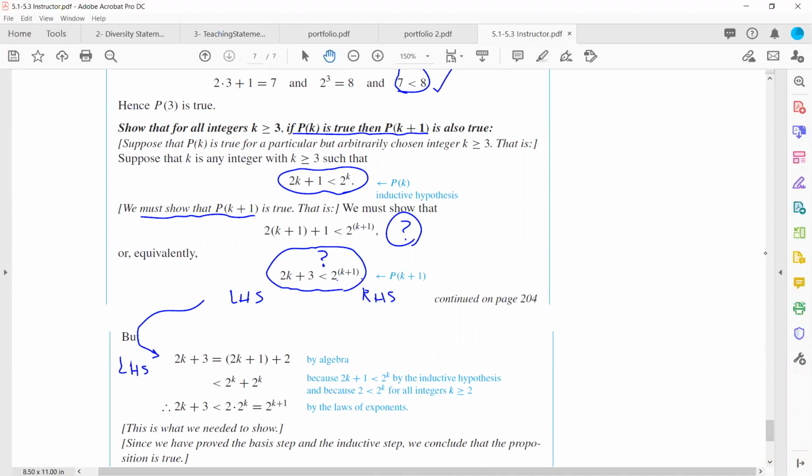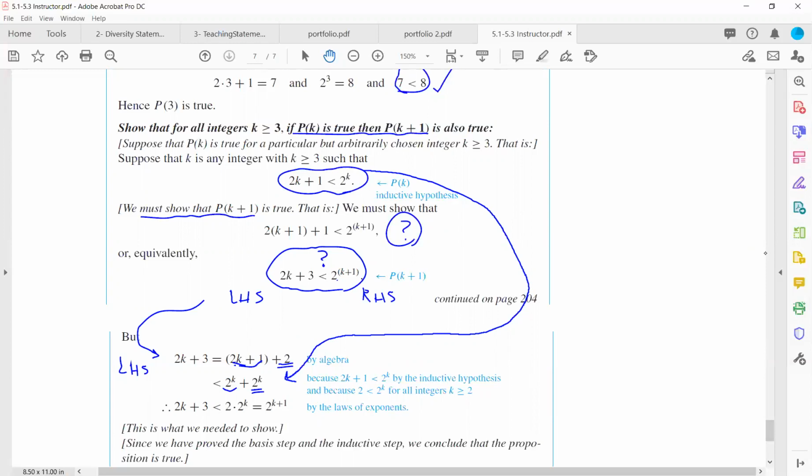2k plus 3 can be written as 2k plus 1 plus 2. At the same time, using P(k), you know that 2k plus 1 is less than 2 to the k. Also, 2 is always less than 2 to the k when k is greater than or equal to 3.